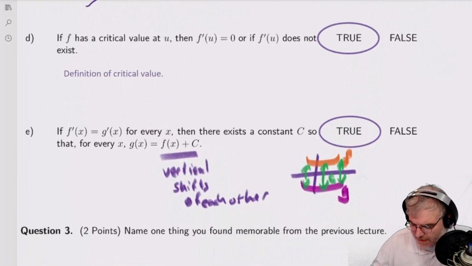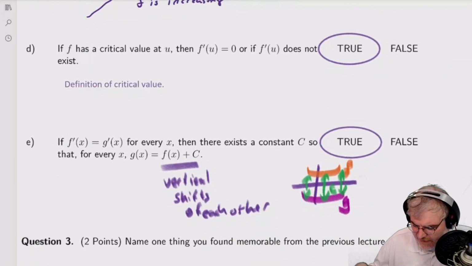Okay. If f prime of x equals g prime of x for every x, then there exists some constant c so that for every x, g of x equals f of x plus c. In other words, the functions are vertical shifts of each other.